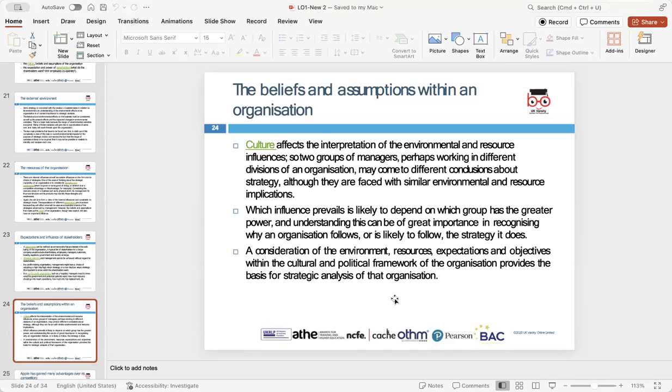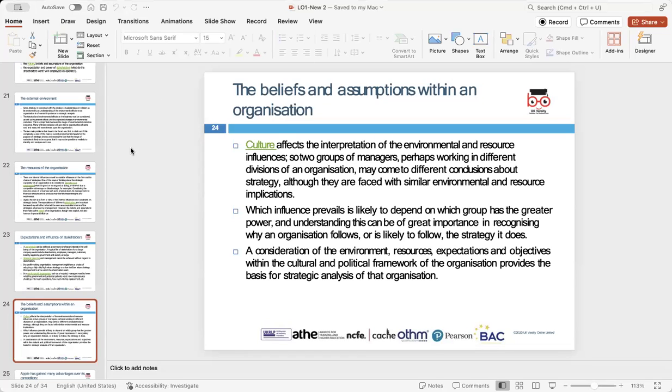Okay, beliefs and assumptions within organizations. Culture affects how environmental and resource influences are interpreted. Different divisions within organizations may reach different strategic conclusions due to varying cultural perspectives. The prevailing influence often depends on which group holds more power within the organization.